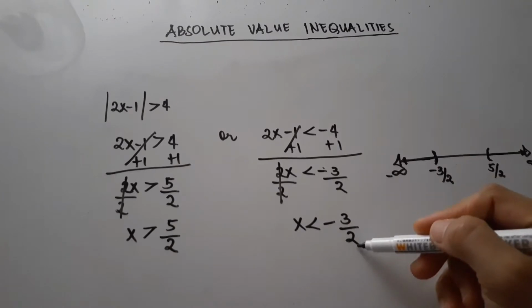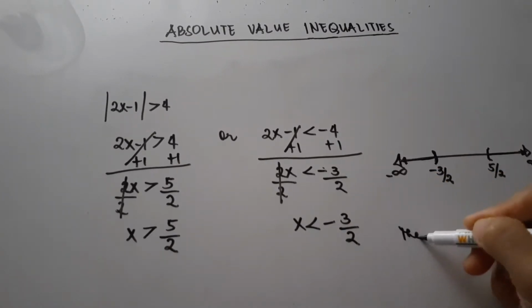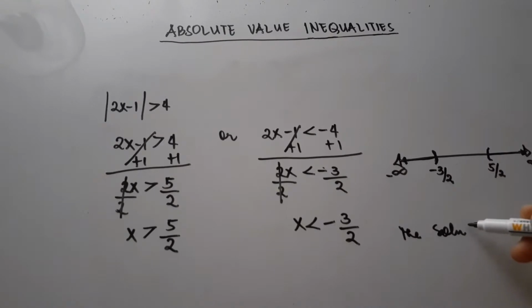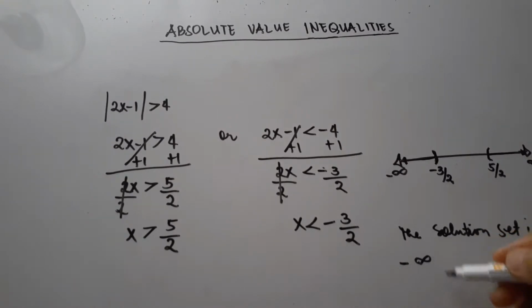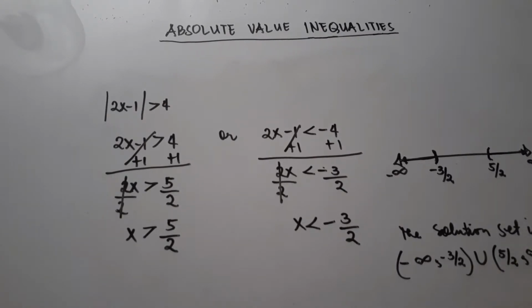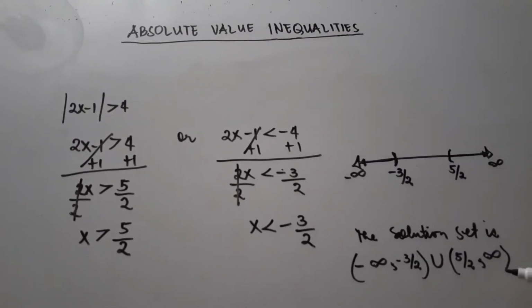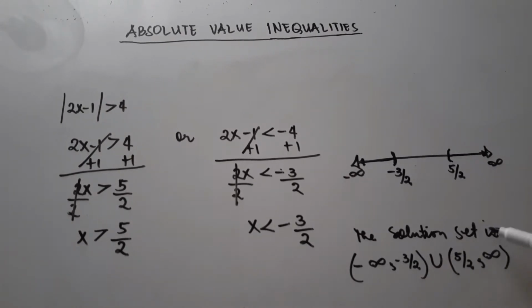So in these solutions, the numbers that make the solution are in between negative infinity and negative 3 halves, union 5 over 2 and positive infinity. So the solution set is negative infinity to negative 3 halves, union 5 over 2 to positive infinity. This is the answer.